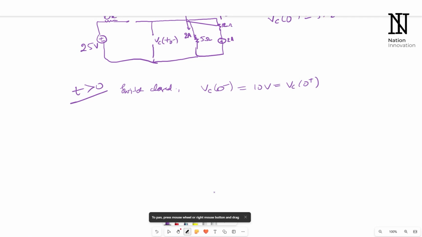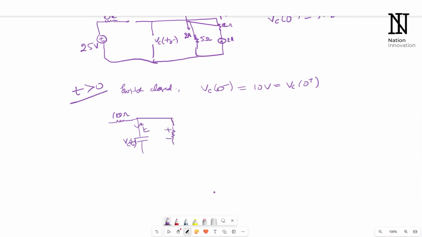Now let me draw the circuit for t greater than 0. So we have this 10 ohm resistance, then we have this Vc, this is Vc(t), this is the current Ic. We have this Vc as V naught across the 5 ohm.